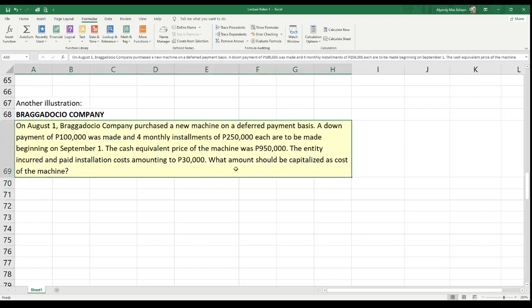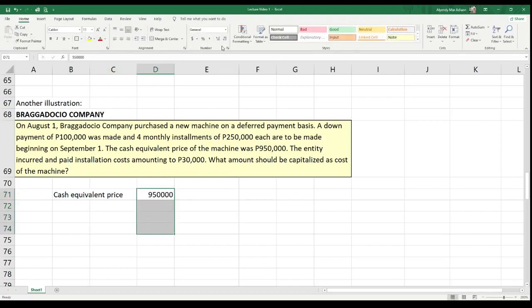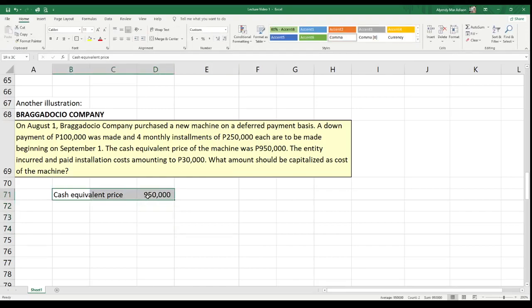Now, what amount should be capitalized as cost of the machine? So simple. We just have to determine the cash price equivalent, which in this problem is 950,000. But take note that the elements of cost of the property, plant, and equipment will not only constitute the purchase price but also the directly attributable cost.